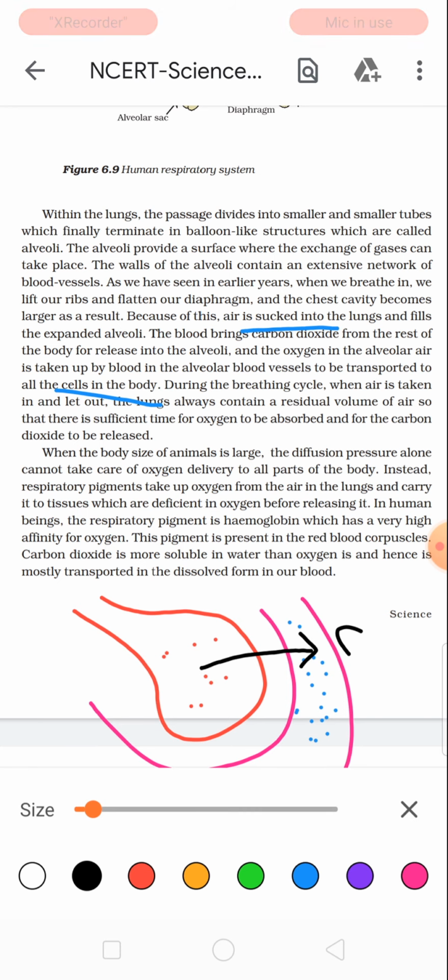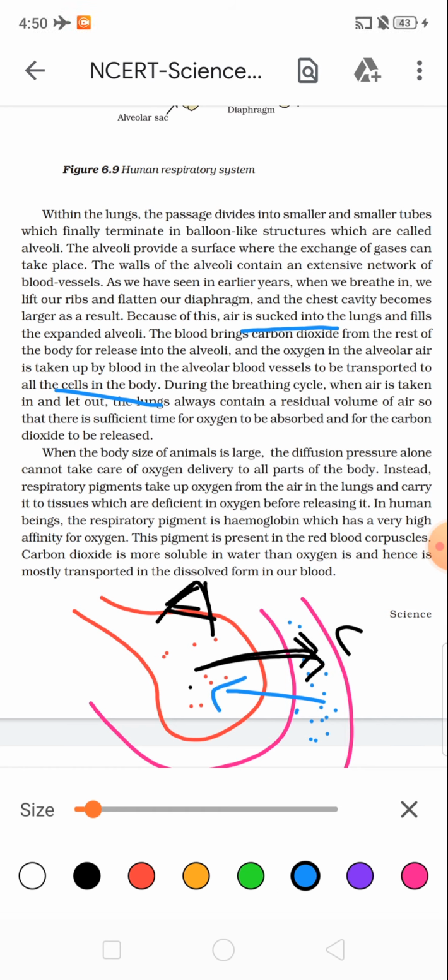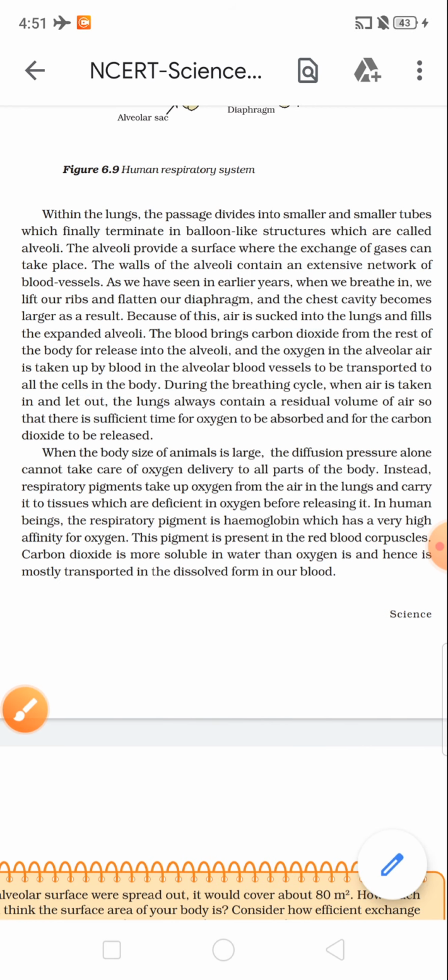This is your alveolar sac. From the alveolar sac, oxygen will move into the capillary, and carbon dioxide from the capillary will move into the alveoli. This is the way the exchange is taking place. Understood?